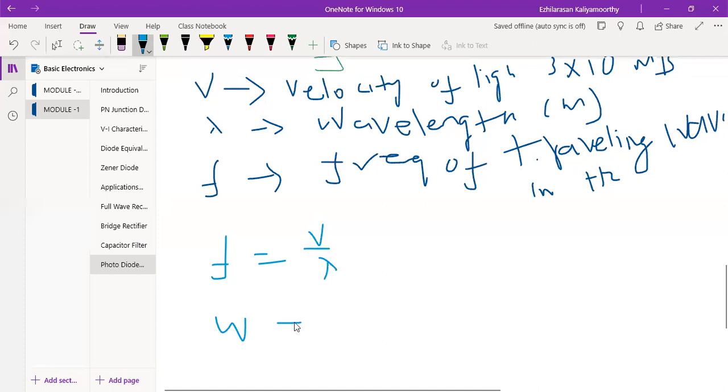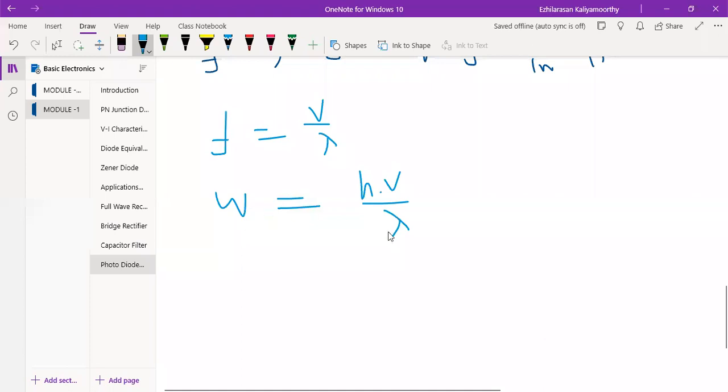Then W is h into f, so h into v by lambda. From this I can say W is inversely proportional to wavelength. So you can find that the energy associated with a discrete packet is inversely proportional to the wavelength.